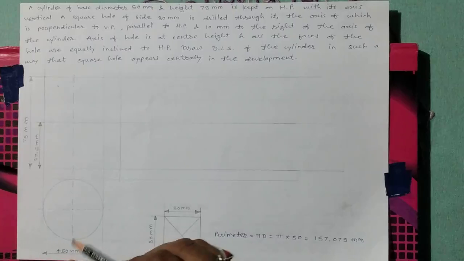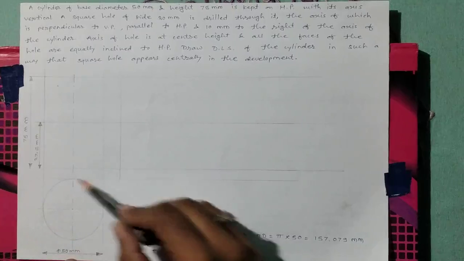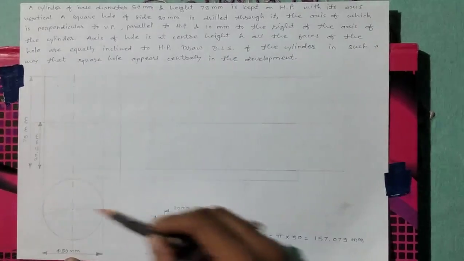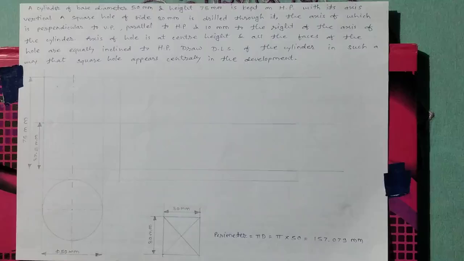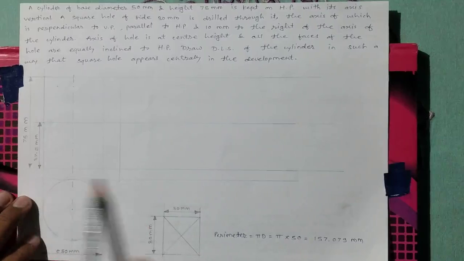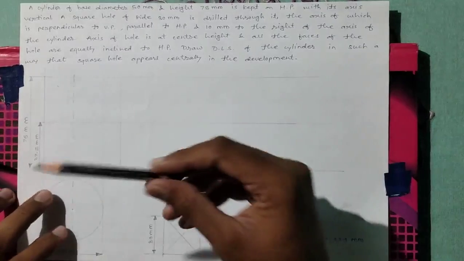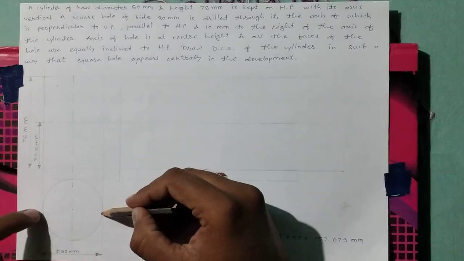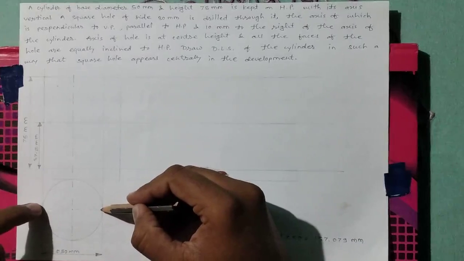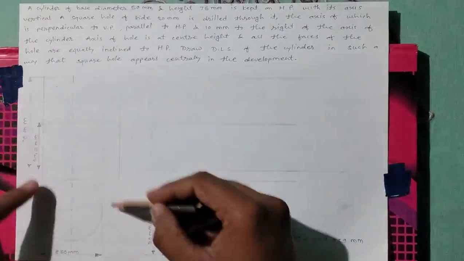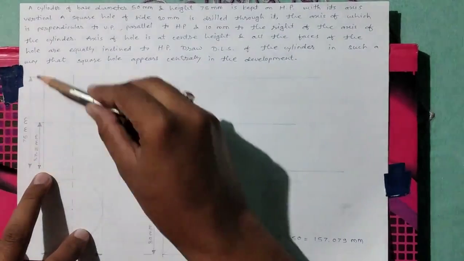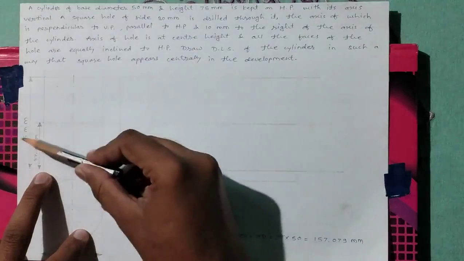First we have to draw the top view. In top view we have first drawn the circle of diameter 50 mm and we have drawn the center lines of the circle. After drawing the center lines, we have taken these two projection lines. With the help of projection lines, we have taken the projections of the circle in front view, and then we have kept the height of this cylinder as 75 mm.